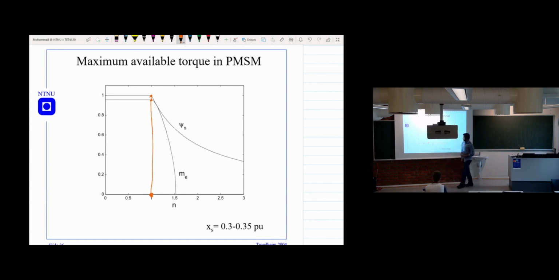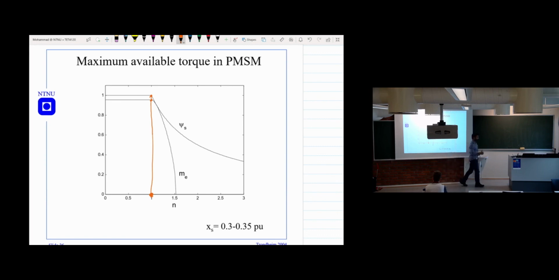This example is for the surface-mounted machine, which cannot supply any torque in field weakening.